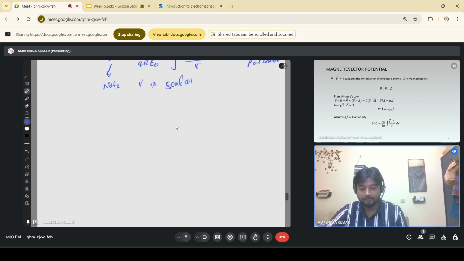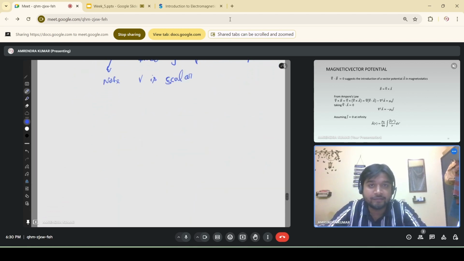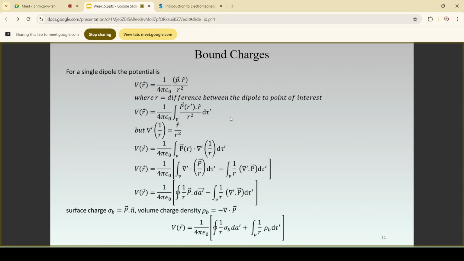Okay. Now we go to our next question. This is bound charges that we have learned earlier. Now, why I'm showing you this note here, there are bound charges, sigma b at the surface and rho b in the volume.